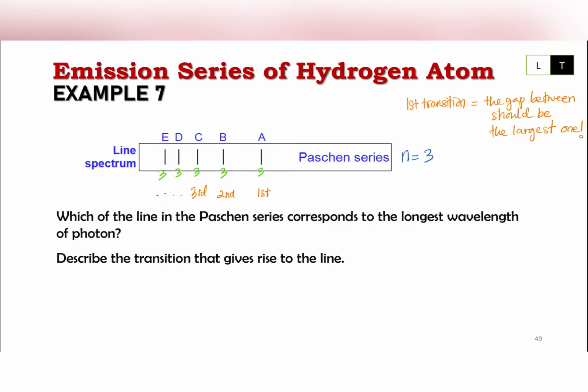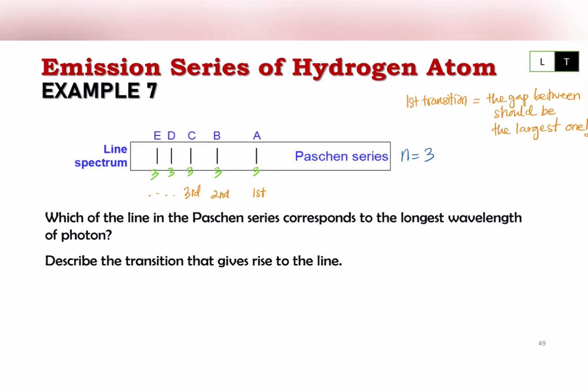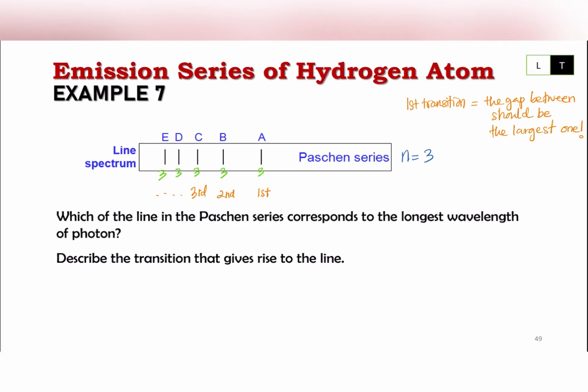Now we go to the first transition. The higher energy level for the first line after 3 will be n equals 4. So the first line A will be from n equals 4 to n equals 3, and so on for the next lines.